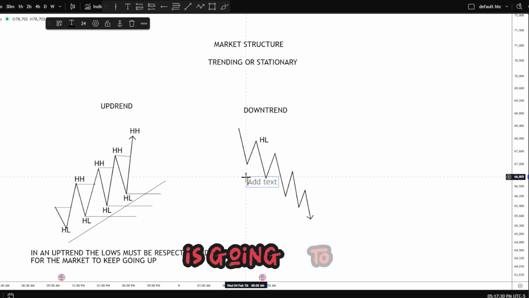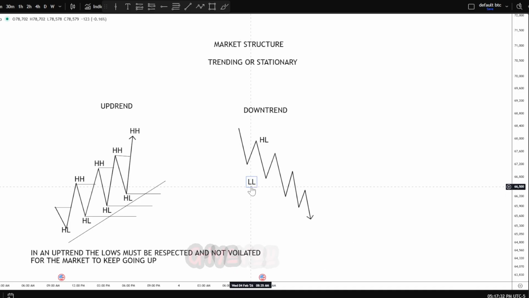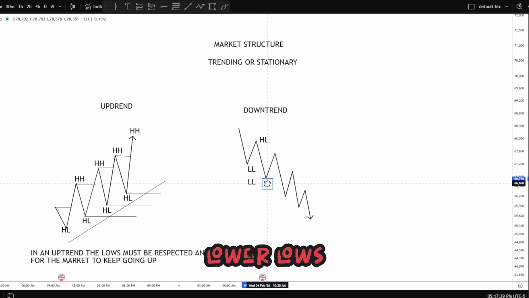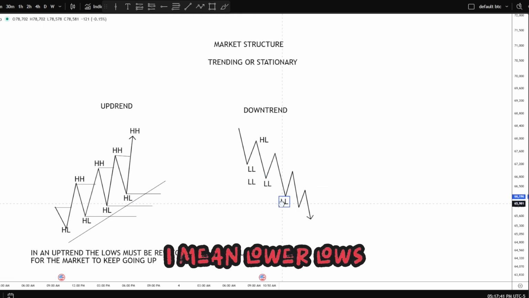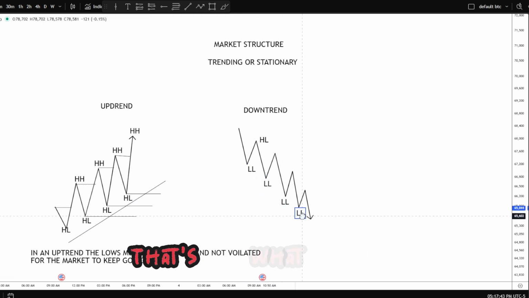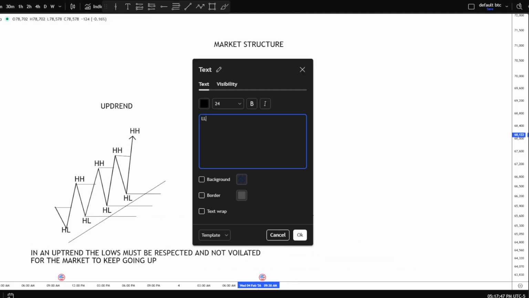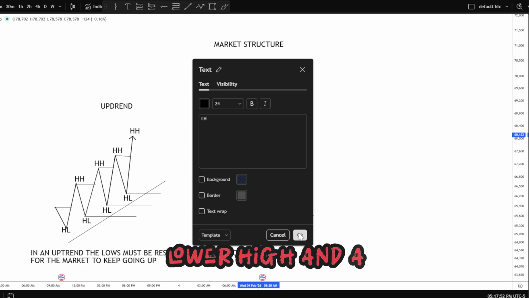That's what the market is going to be giving you. The market will give you lower highs and lower lows.